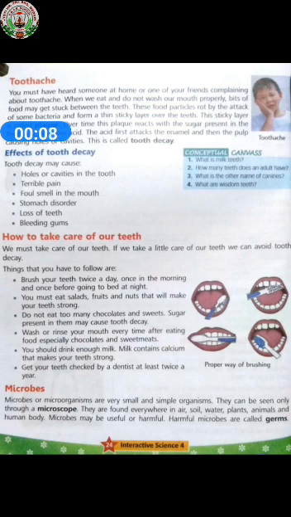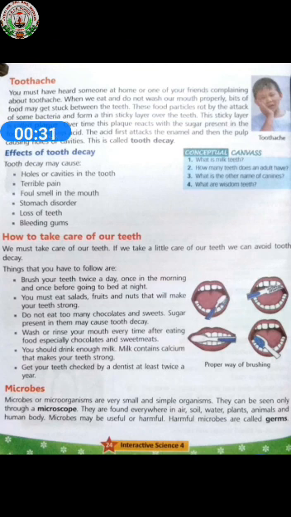Now, here are some tips to help you look after your teeth. Drink a lot of water, mind your diet, brush your teeth twice a day, once in the morning and once before going to bed at night.